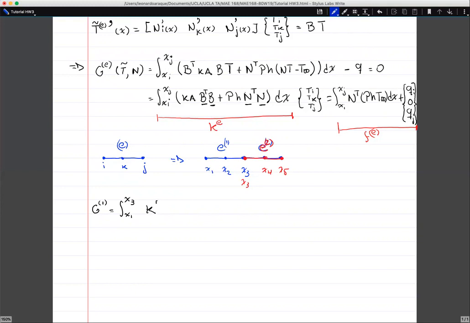The stiffness matrix with the components for the first element is a 3 by 3 matrix. The components of the vector with the unknown coefficients are T1, T2, and T3.